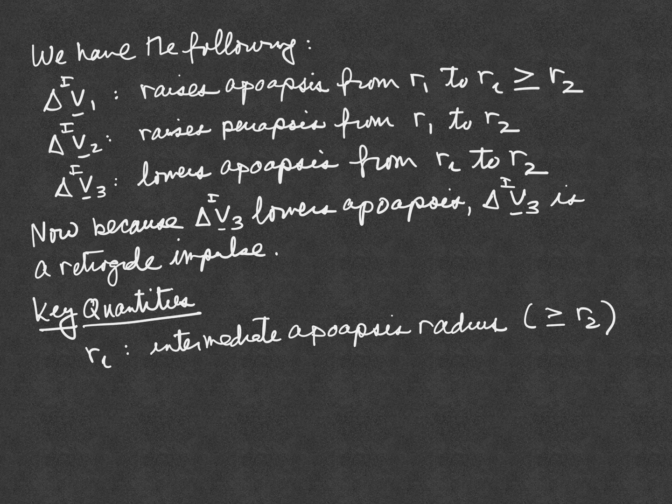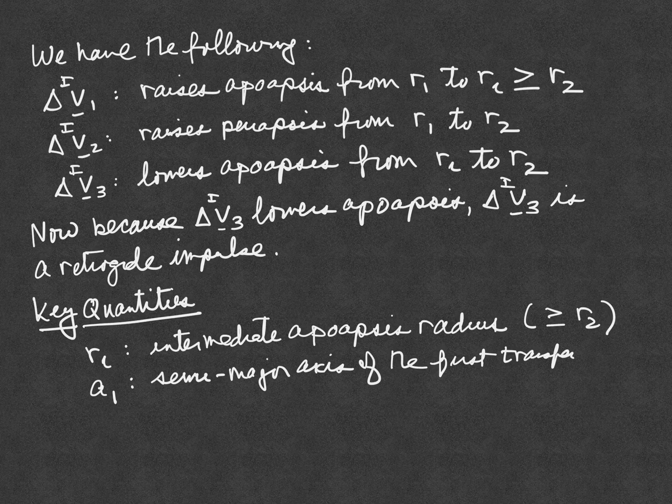The second thing is that there are 2 transfer orbits. So because there are 2 transfer orbits, we have 2 semi-major axes that we have to deal with. The first semi-major axis is A1. This is the semi-major axis of the first transfer orbit. And then A2 is the semi-major axis of the second transfer orbit.